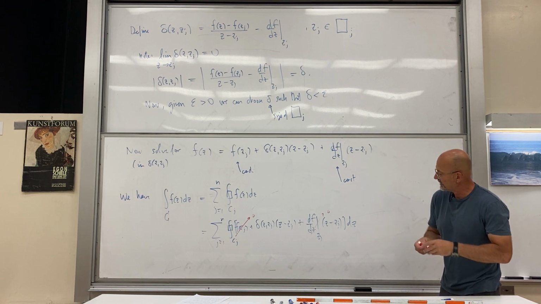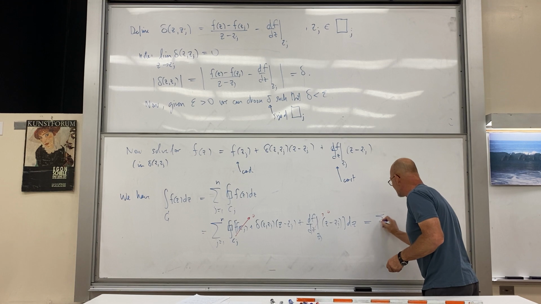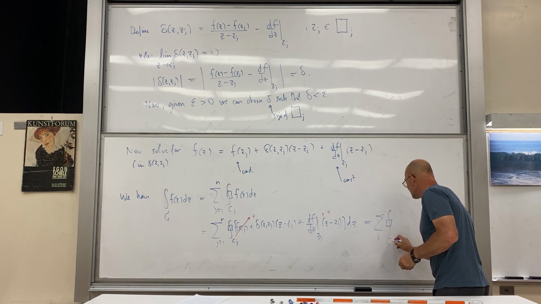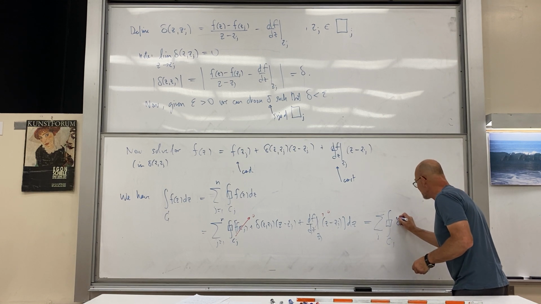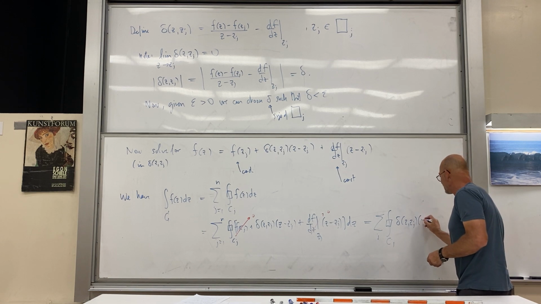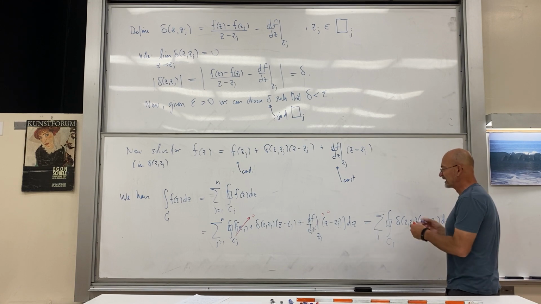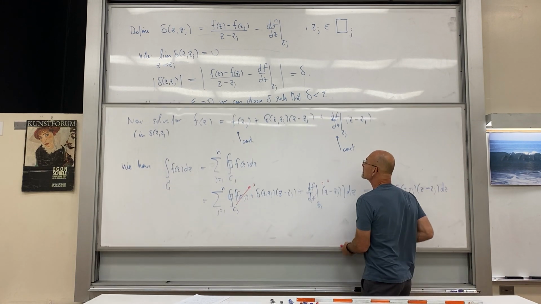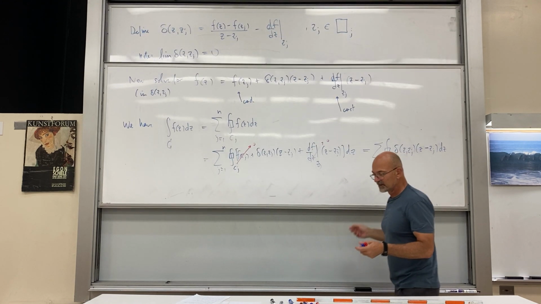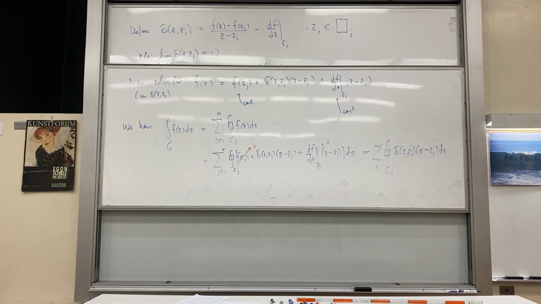So let's write that down. We're left with the sum over j of the integral around these c sub j's of delta z sub j, z minus z sub j, dz. We've got room for one more line here. So now we're going to make use of our estimate up there.